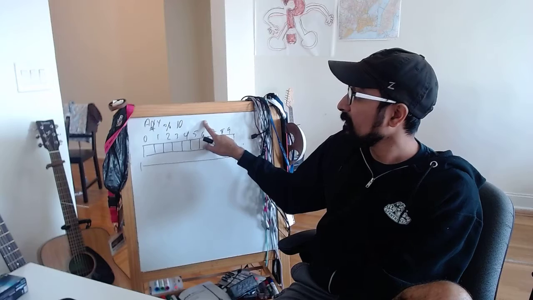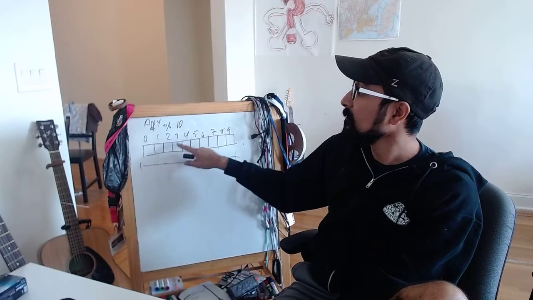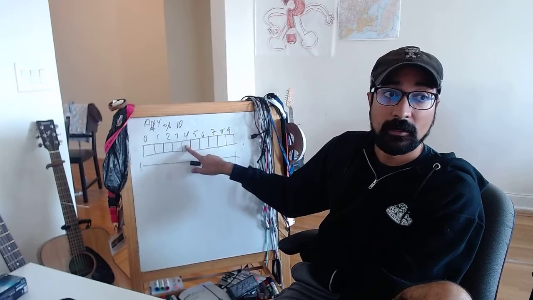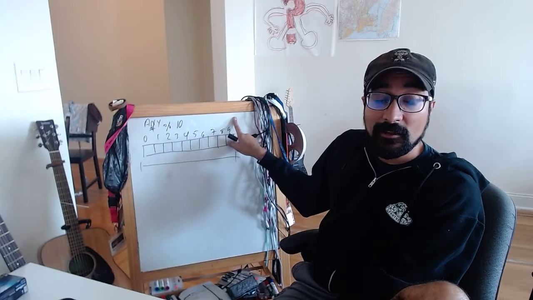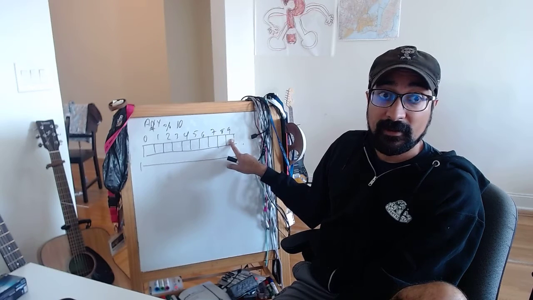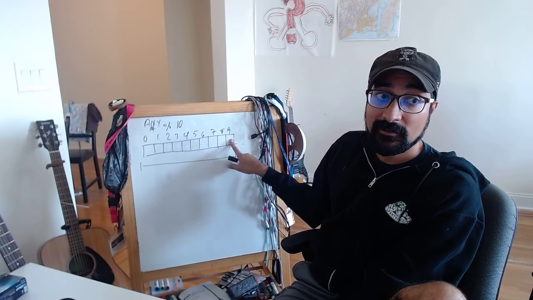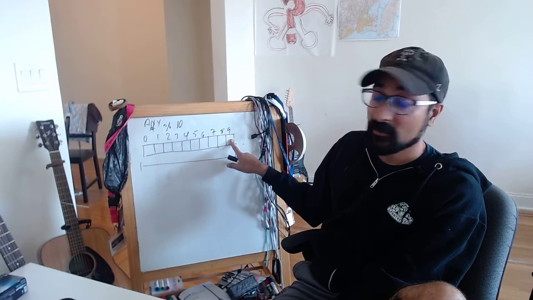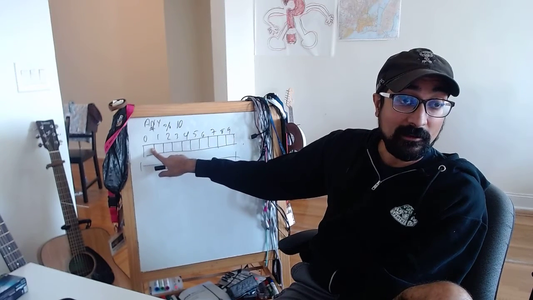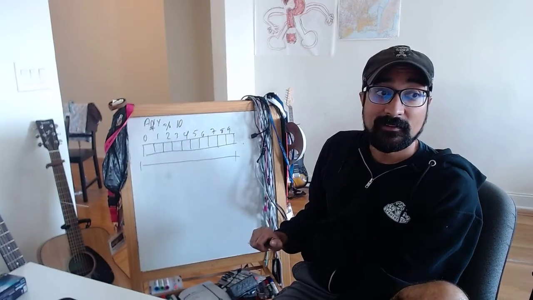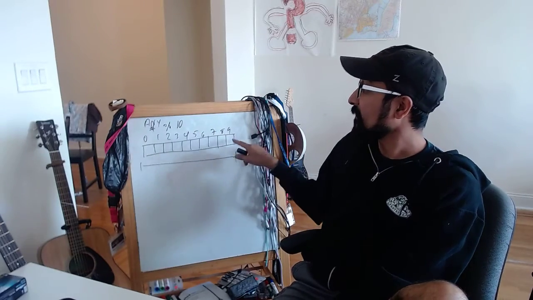And then 12 modulo 10 is 2, 13 modulo 10 is 3, 14 modulo 10 is 4, all the way up to 19 modulo 10, which is 9, all right? And then 20 modulo 10, well, 10 goes into 20 two times with a remainder of 0, and we're back to 0.